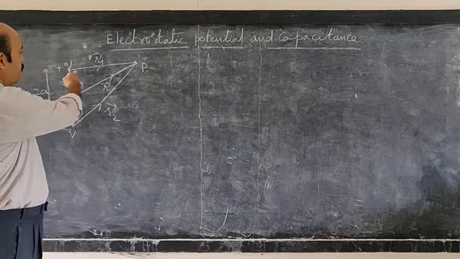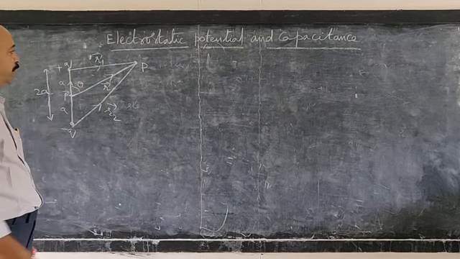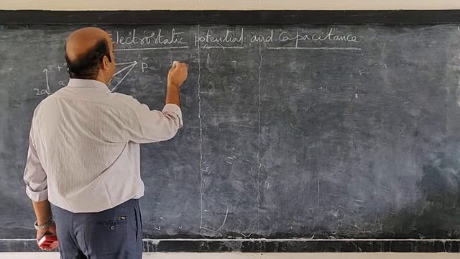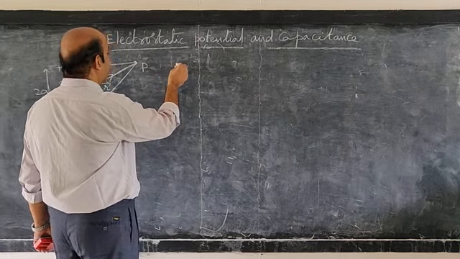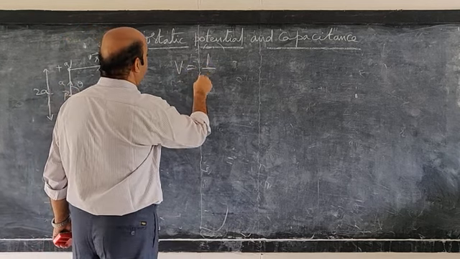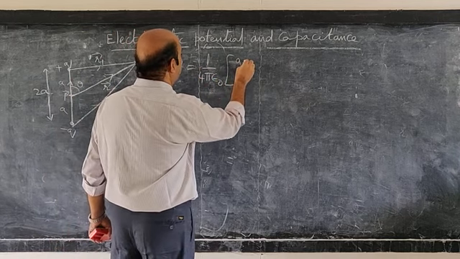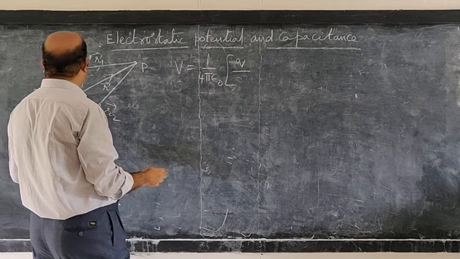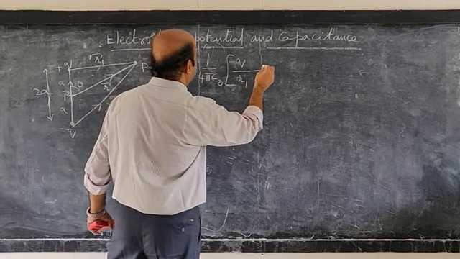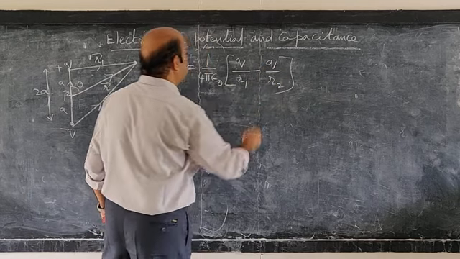Now the potential due to each charge you can calculate and use the superposition principle. So what will that be? That is the resultant potential: 1 by 4 pi epsilon naught, q by r1 minus q by r2.